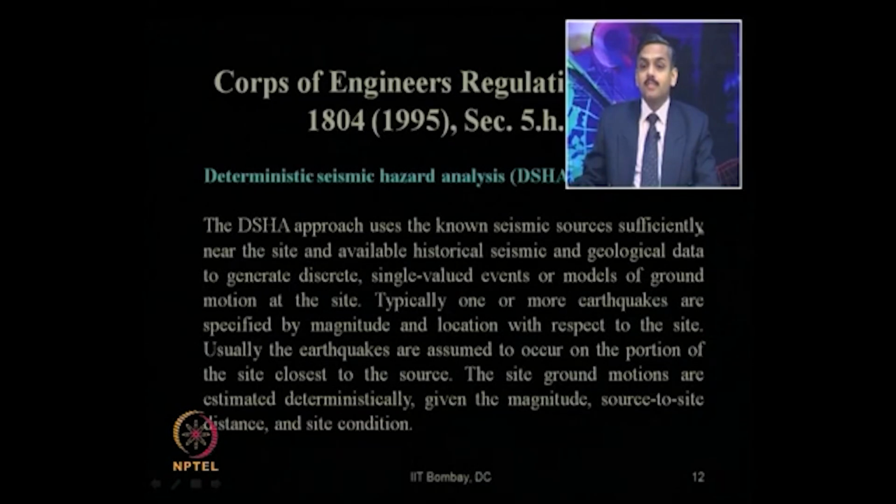How much is sufficient, that quantification depends on your analysis. Sometimes some people say within 100 kilometer, some say within 200 kilometer, some say within 250 kilometer, some say 300 kilometer. So, that depends on the designer's choice, or the decision of the engineer who is going to find out the design value for construction of a structure.